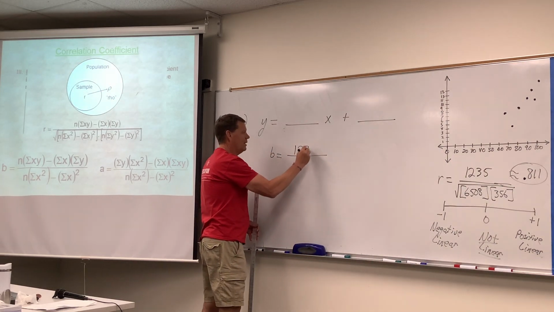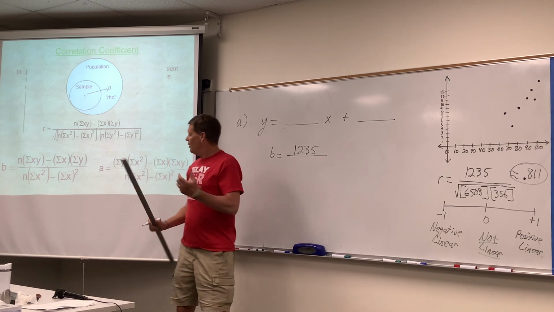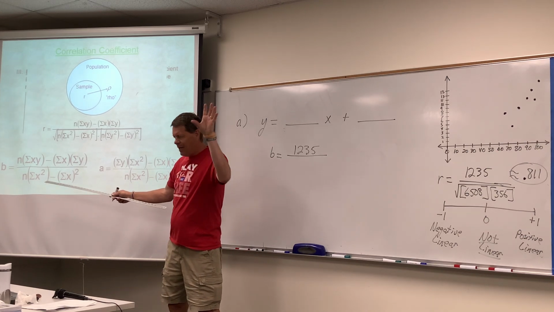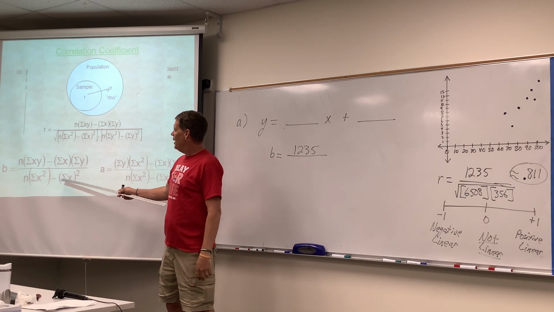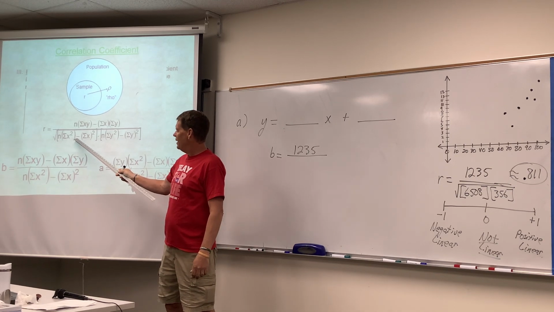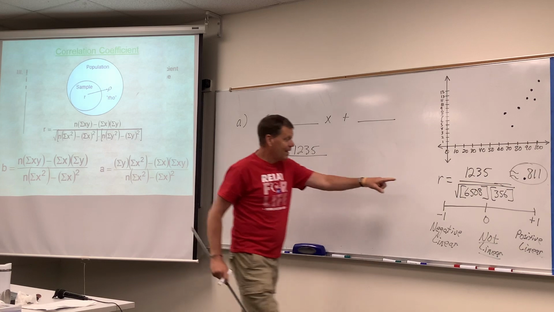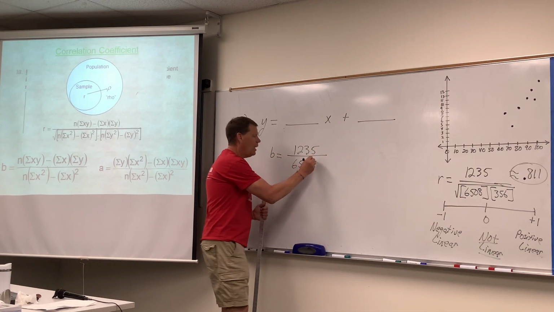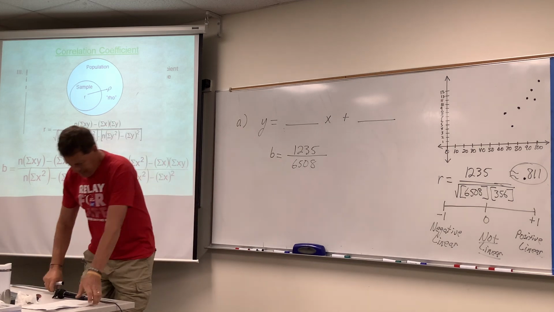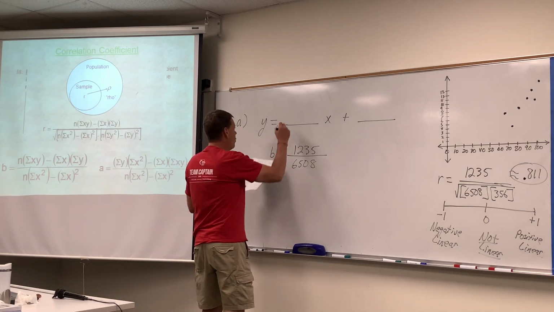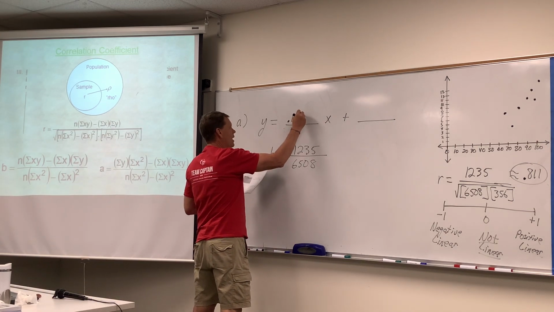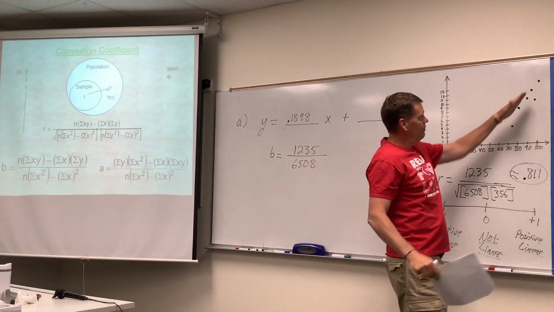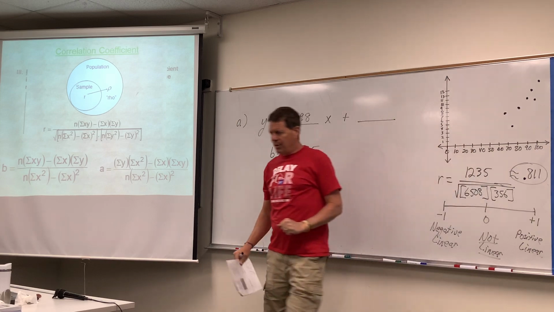Good idea. 1235. Look at the formulas. The denominator of b, this is all from that table we made a long time ago, but the denominator of b is the same as that first bracket when we did r. First bracket, 6508. And then if you divide that out, that comes out to be 0.1898. That is a positive number. That corresponds to the idea of a positively sloped line, going back to that picture.